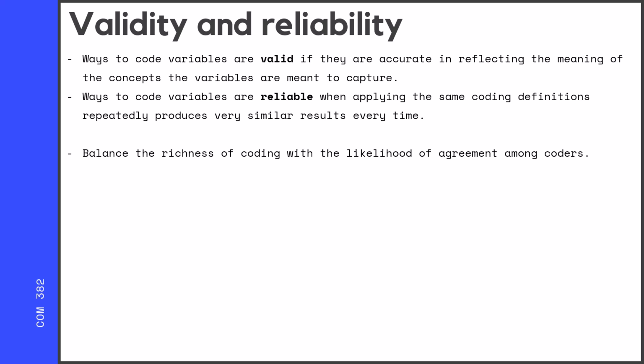You also have to code variables in a way that's reliable, that you're applying that coding definition the exact same way across the different content, and that everybody else that's doing the coding is also doing it in the exact same way. You're trying to, in this way, balance the richness of the coding with also trying to get your different coders to agree with each other. And this is the key. Getting your coders to be on the same page and agreeing with each other is a really hard thing.